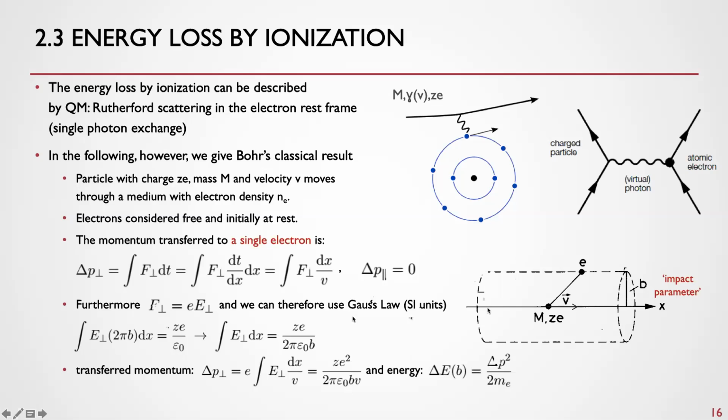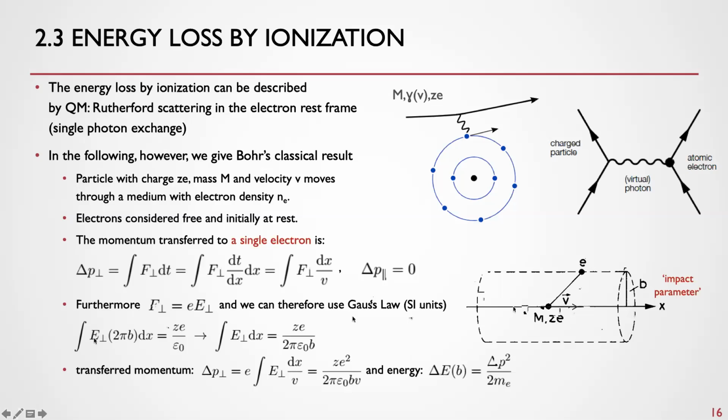So we have a heavy particle with velocity v passing by, and we are at the step where we calculate the force in the perpendicular direction in this process.